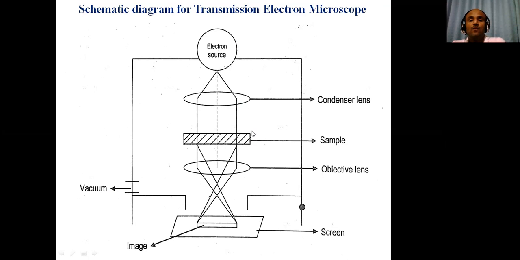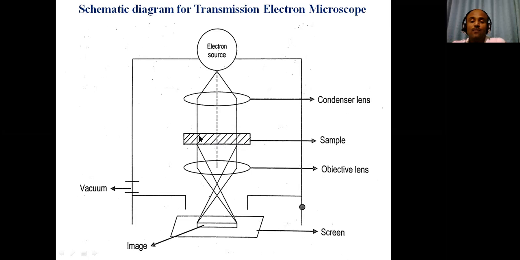Now a second technique, that is called transmission electron microscope, or TEM. This is a schematic diagram of the instrumentation of this TEM. Again, it consists of the electron source, which produces a beam of electrons. It is adjusted due to the presence of a condenser lens.